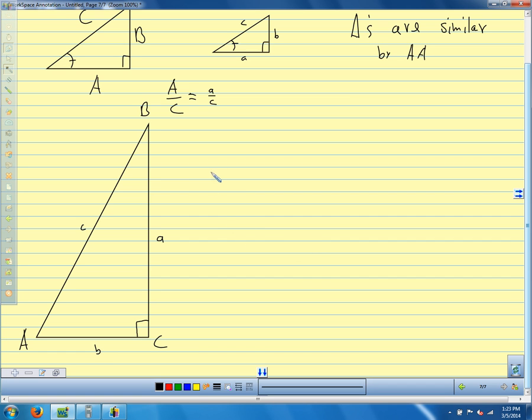We give these ratios that are always the same for a specific angle special names. The first one is called the sine of A. The sine of an angle is the opposite side divided by the hypotenuse.